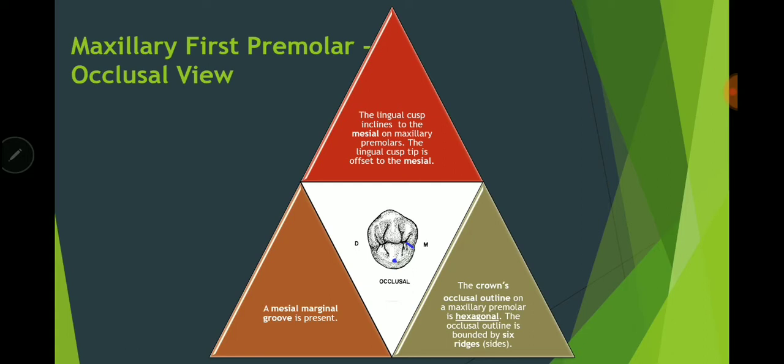The lingual cusp inclines to the mesial on the maxillary premolars, and the lingual cusp tip is offset to the mesial, as you can see at the blue dot here. This is the lingual side, and this is buccal.